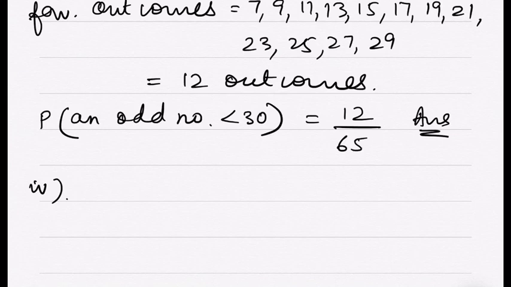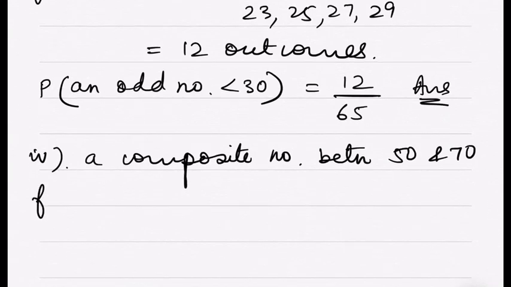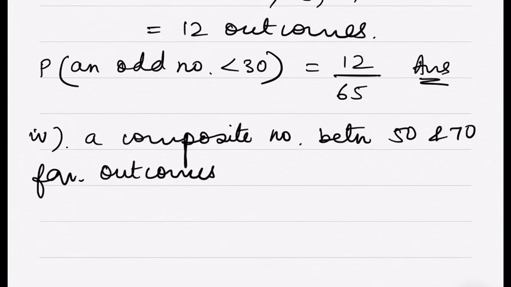Okay, now the fourth part says a composite number between 50 and 70. So composite means not prime. Okay, so let's do favorable outcomes. We'll start from 50. So 51 is divisible by 3. Okay, sorry, we have to do the composite numbers. So between, we are not including 50 and 70.